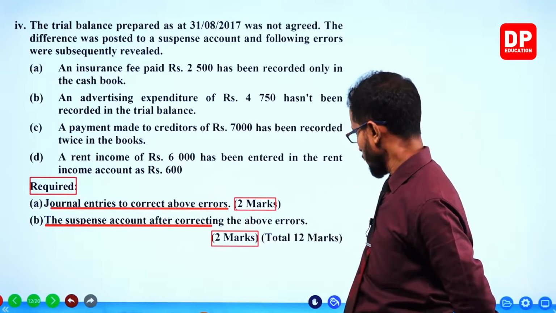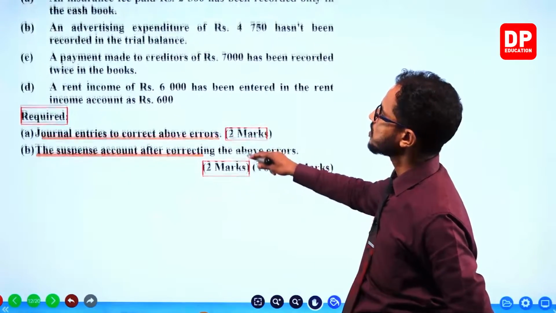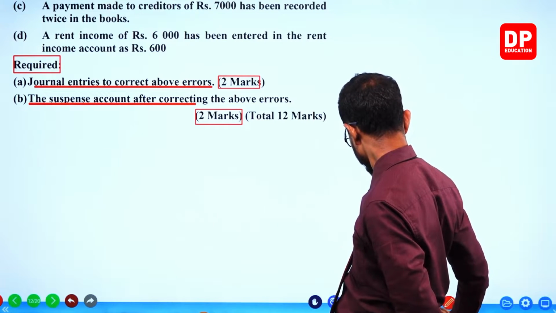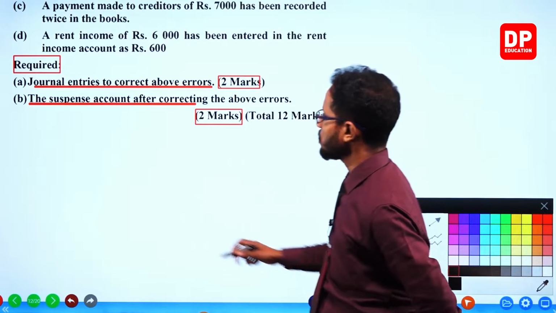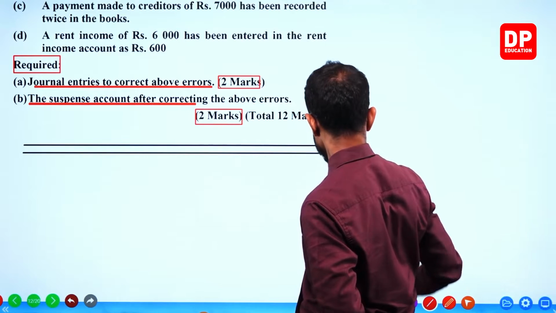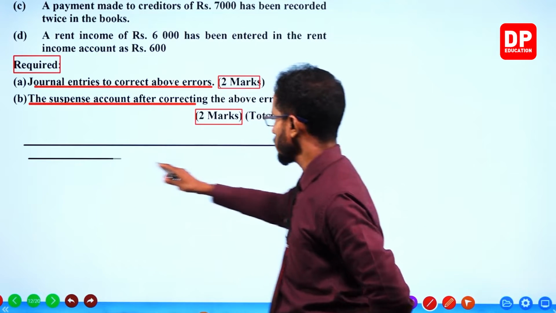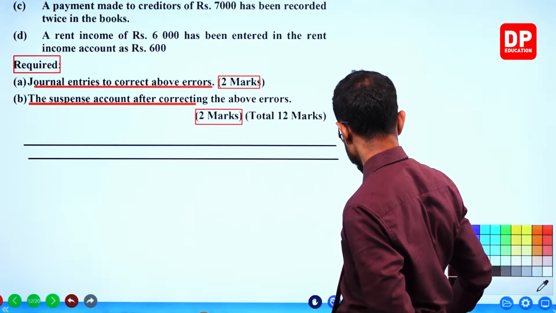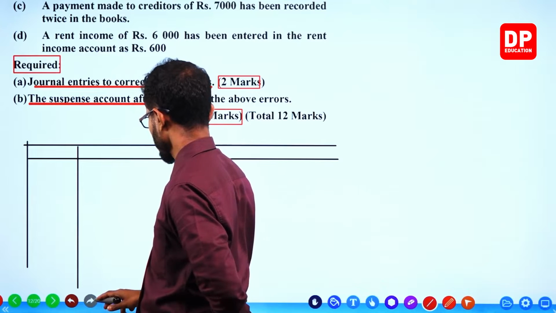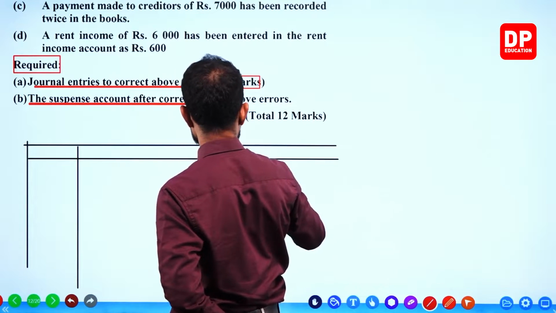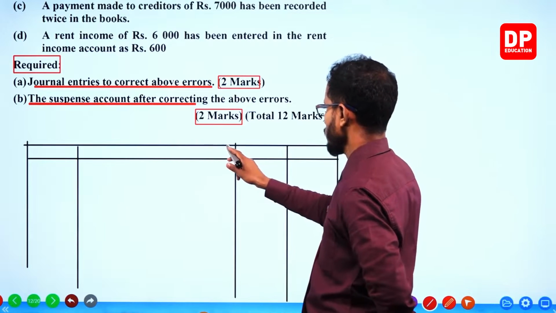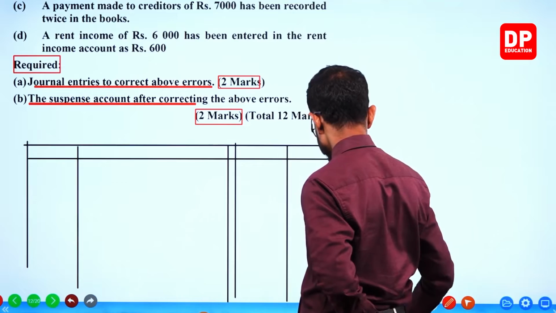Let's do it right under this question, like we did before. Journal entries should be prepared in a general journal. For journal entries, you should prepare a general journal: date, description, debit, credit. If you want, a ledger folio is also there.